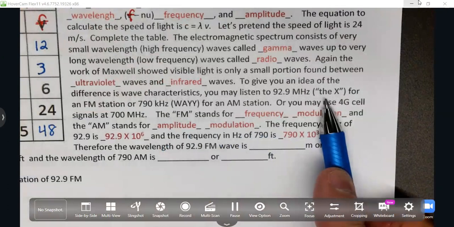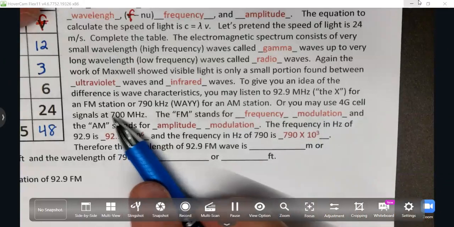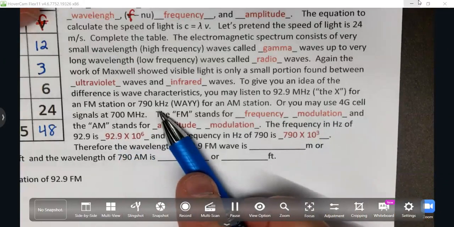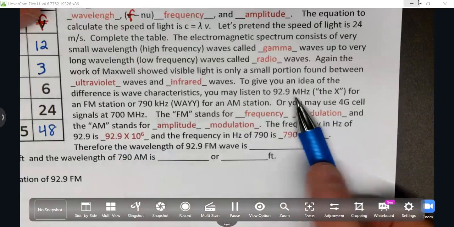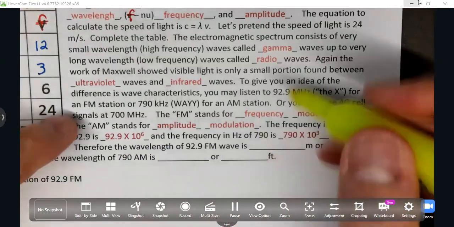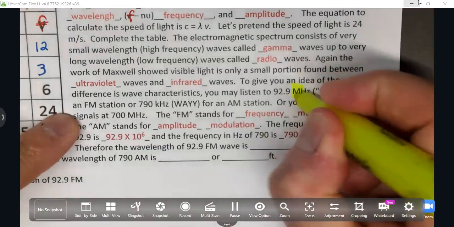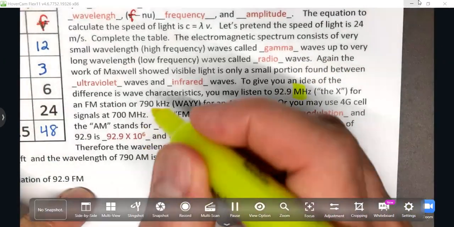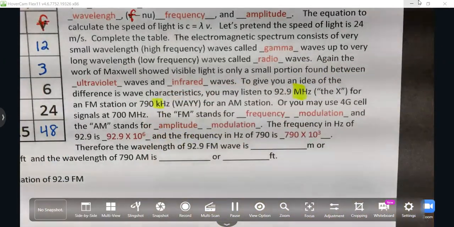Not one person listens to 92.9? Benny, you do? Okay. That's an FM station, or 790 kilohertz. Now notice this is megahertz here and kilohertz here. I'm not even going to ask you if you listen to 790. I'm going to assume you do not.